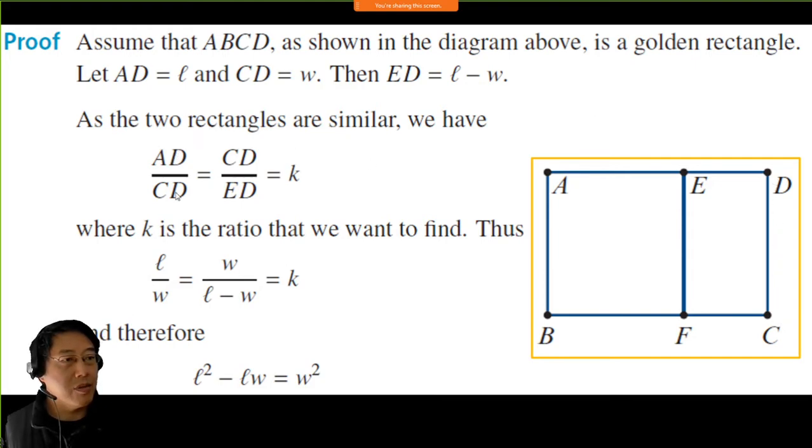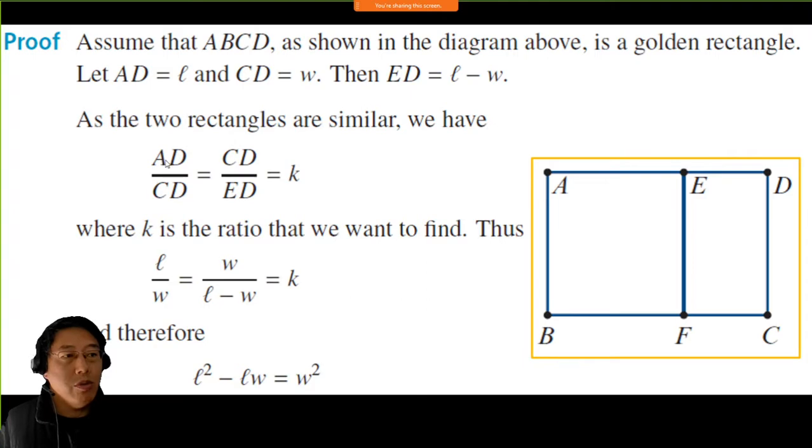So AD over CD is equal to the similarity factor. And we can do the same with the image rectangle: CD over ED, which is the length of the original rectangle, is again going to be equal to K.